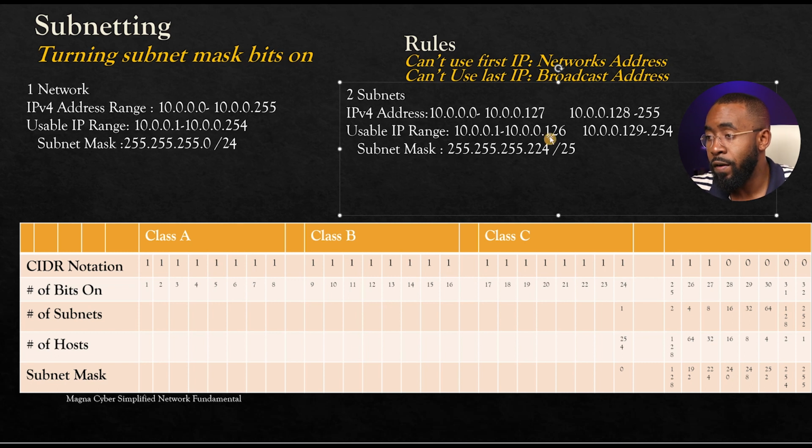And what's important is that you can always find the range of IPs in each subnet. And once you find that range of IP in each subnet, then you also know the range of usable IPs in each subnet because you're going to remove the first and the last IP in each subnet.